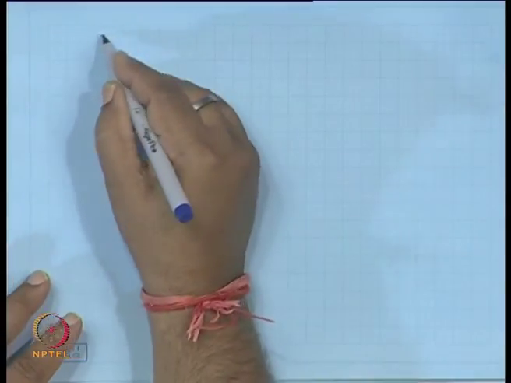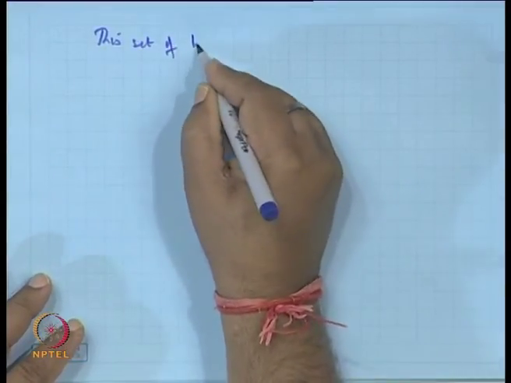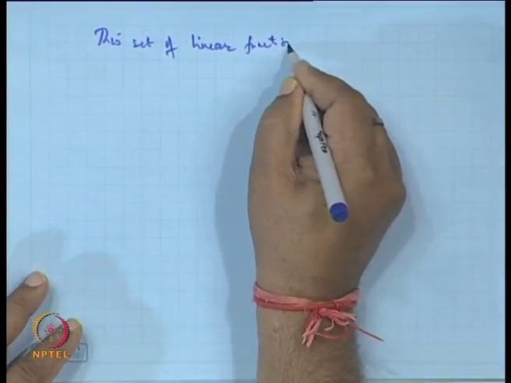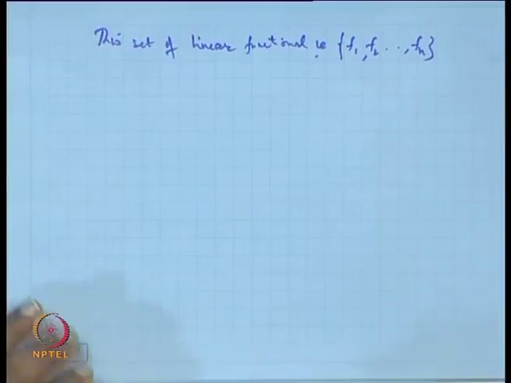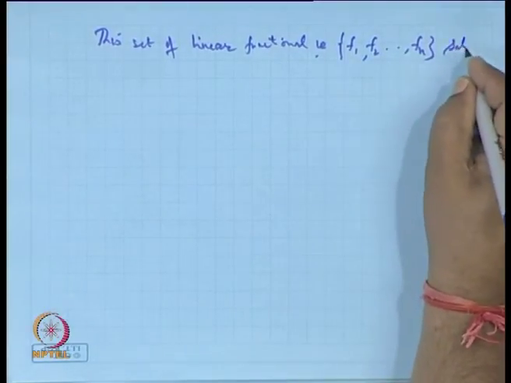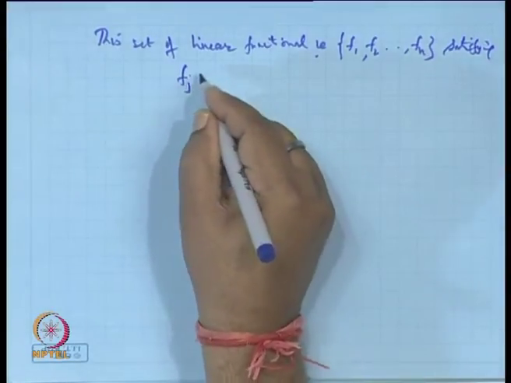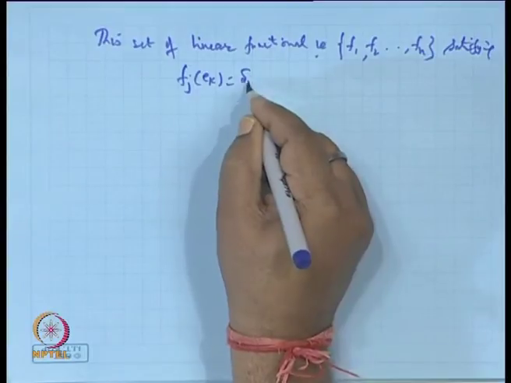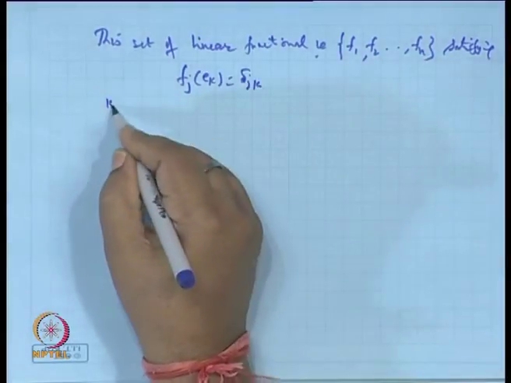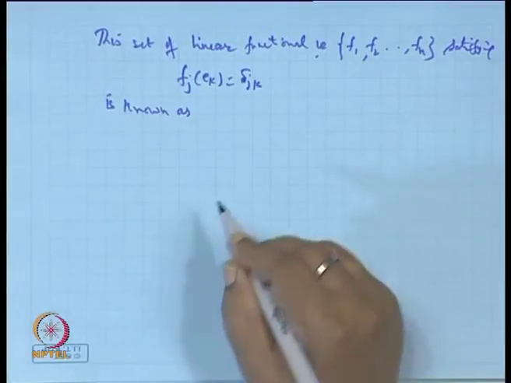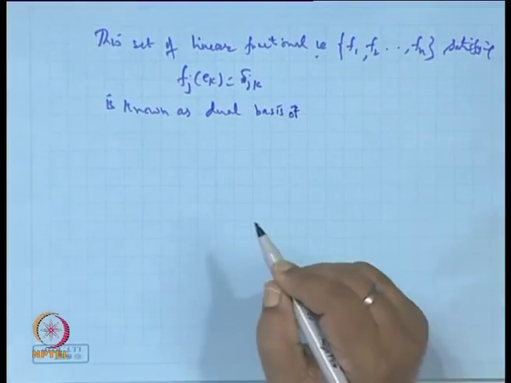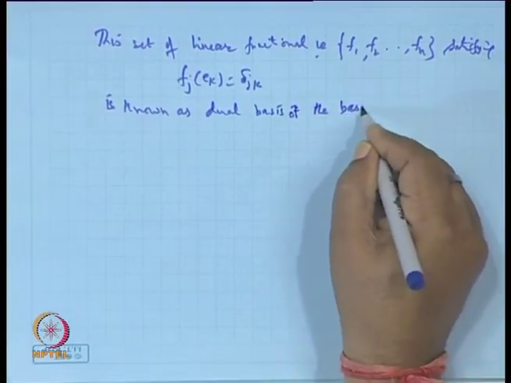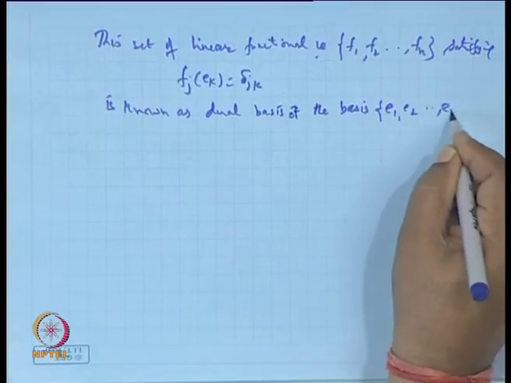Now, this set of linear functionals, that is, this set f1, f2, ..., fn, satisfying the condition f j of E k equal to the Kronecker delta j k, is known as the dual basis of the basis E1, E2, ..., En.